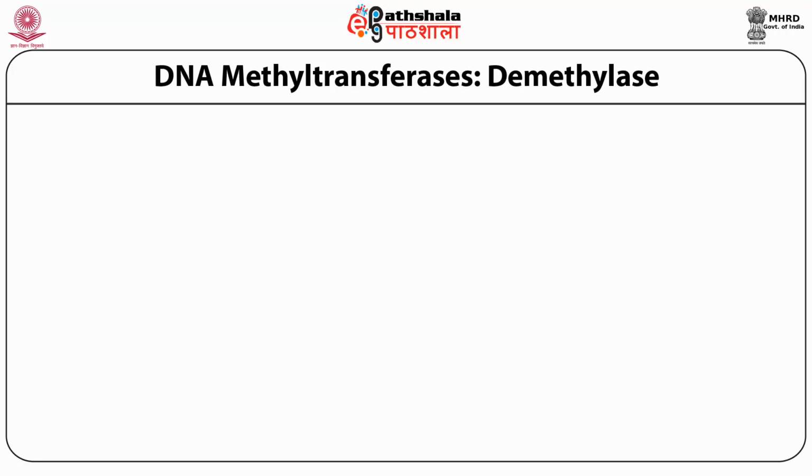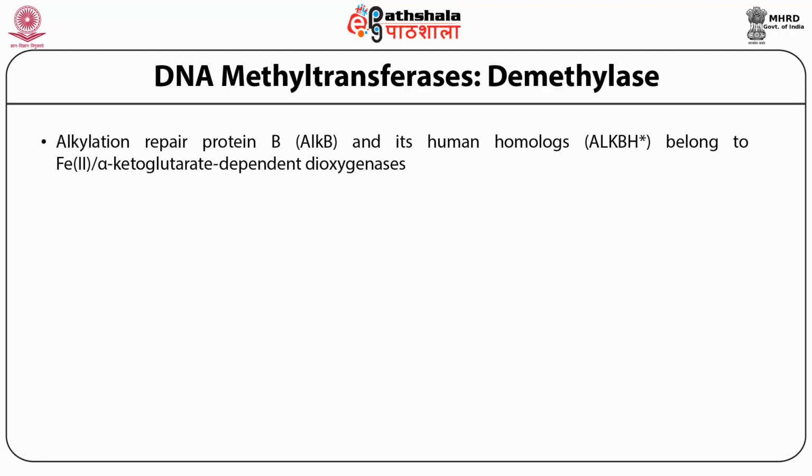Another example of a DNA demethylase is alkylation repair protein B and its human homologue ALKBH. They belong to iron alpha-ketoglutarate dependent deoxygenases.